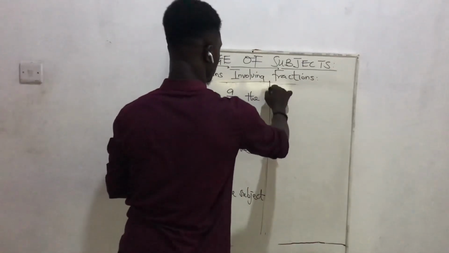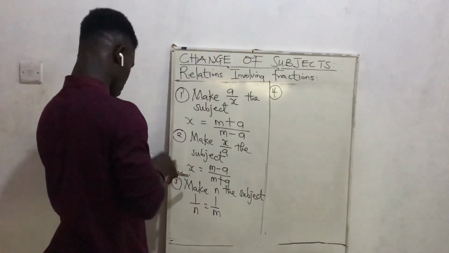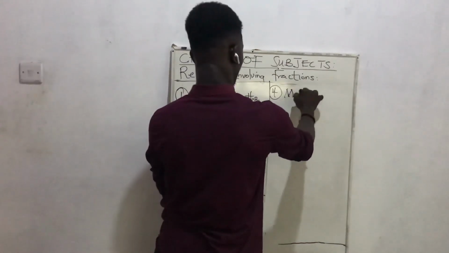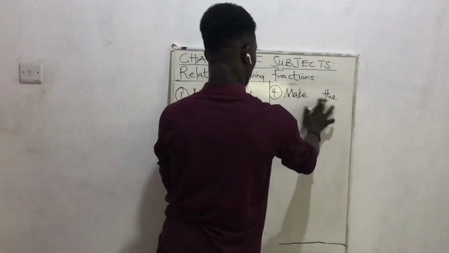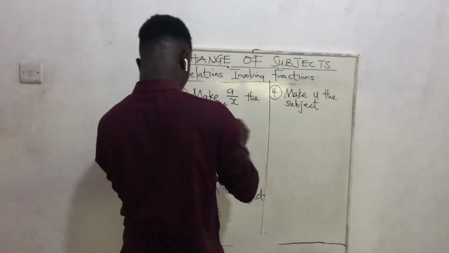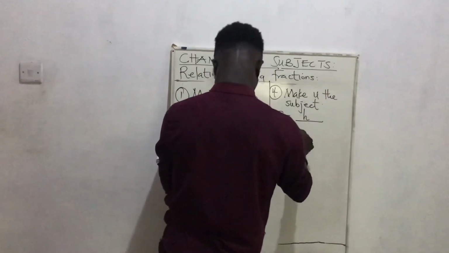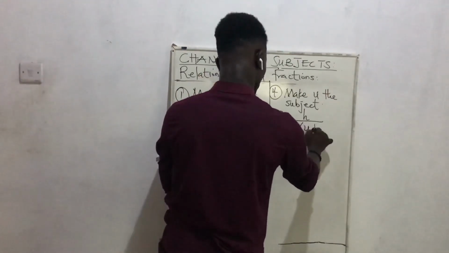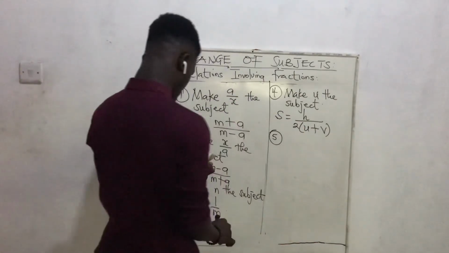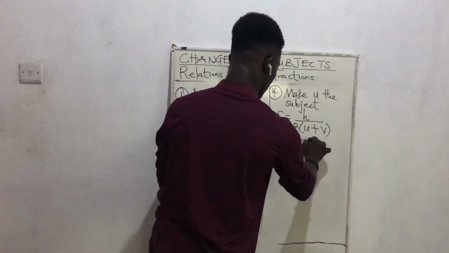Fourth question. Make U the subject, which is S equals H on 2U plus V. Then the last assignment question.